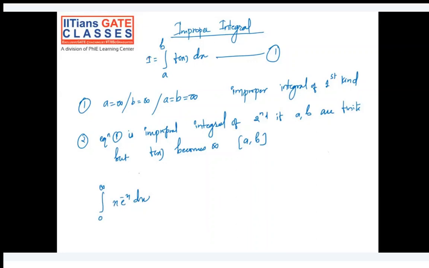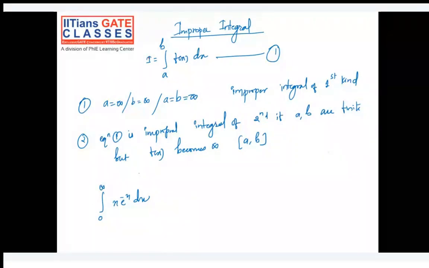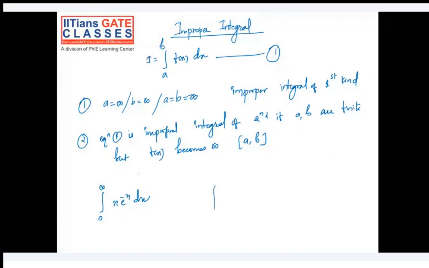In some cases, limits are finite, but let's say dx divided by (3 minus x) square. In this case, if you put x equal to 3, the denominator will become 0 and the function value will become infinite. So in this case also it is an improper integral.